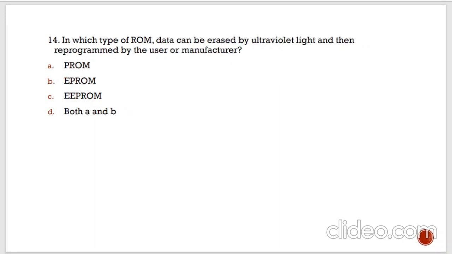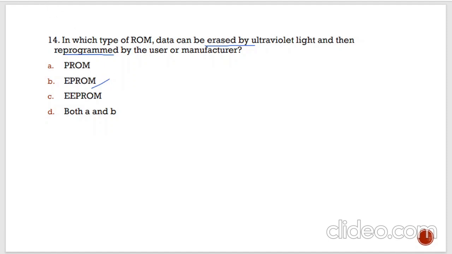Okay. Next, in which type of ROM can data be erased by UV light and then reprogrammed by the user or manufacturer? Here the question is saying it can be erased and reprogrammed. That can be done by EPROM, erasable programmable ROM.